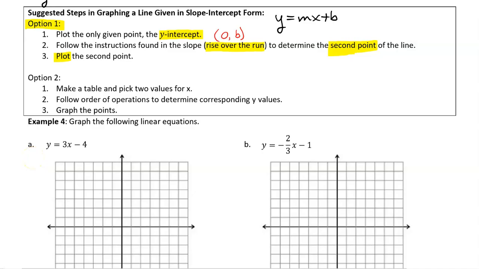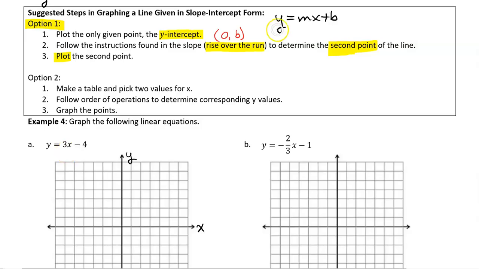Let's look at A. We want to graph the following linear equations in example 4a. I have y is equal to 3x minus 4. So is this in slope-intercept form? Is it in mx plus b form?